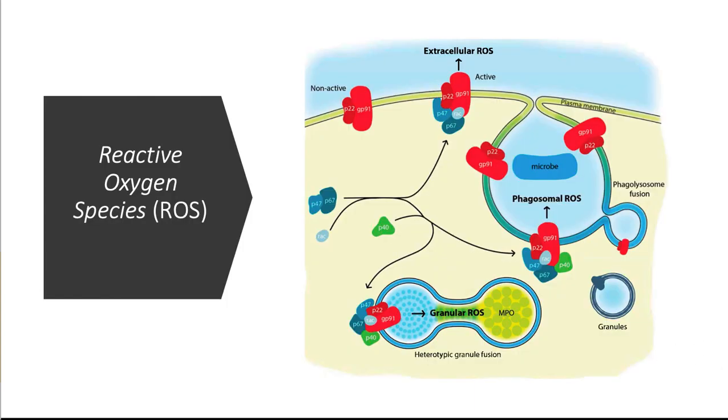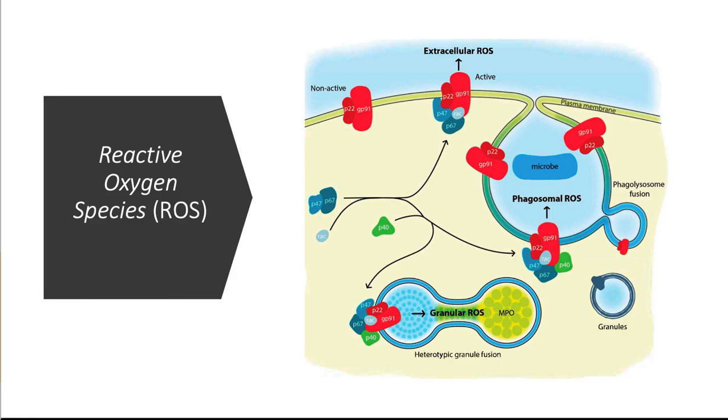Reactive oxygen species are produced by the rapid assembly and activation of a multi-component enzyme, phagocyte oxidase, also called NADPH oxidase, which oxidizes reduced nicotinamide adenine dinucleotide phosphate, and in the process reduces oxygen to the superoxide anion.